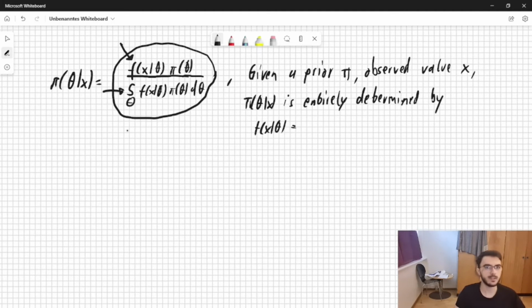And because the resulting distribution depends on theta rather than x, it's common to write this as a function L of theta given x, where the difference is only notation, and it's defined as the likelihood function of theta given x.